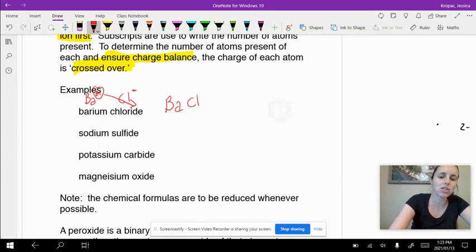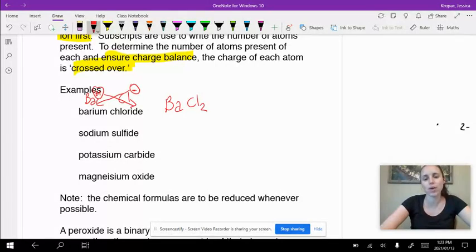So I'm going to take that 2 and I'm going to write it next to chlorine. And this 1 here is going to come next to barium. Well, we actually don't have to write a 1, so I'm not going to write anything here. Notice that the actual positive or negative does not get written. So all we cross over is the number, not the positive, not the negative.